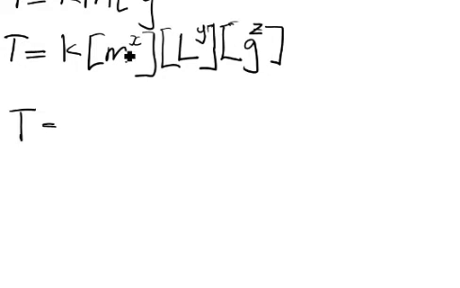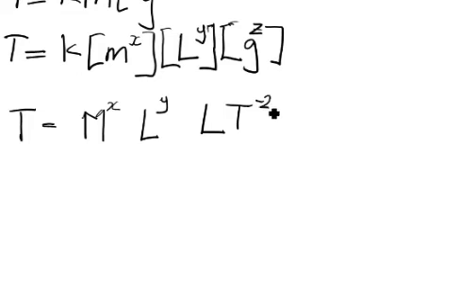From our previous lesson, we know that the dimension for mass is capital M, raised to power x, and for length is capital L, raised to power y, and for g, acceleration due to gravity, we say that acceleration is LT minus 2, so this will be raised to power z.